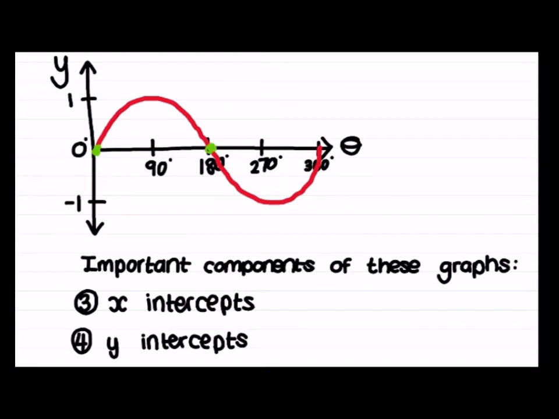I don't want to waste time writing these all down, but for example, we're going to have 0, 0, and then we're going to have the points 180 degrees, 0 and 360 degrees, 0. Okay, the y-intercept is the same as usual. It's where does it intercept the y-axis, and in this case it only intercepts the y-axis at the point 0, 0.